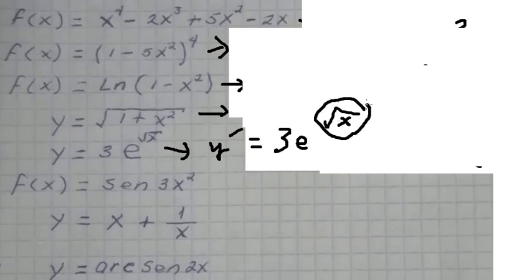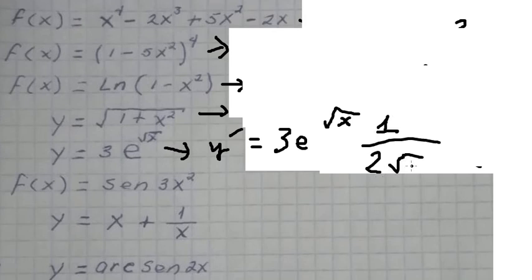So the answer for the question in here. If we continue to do the first derivative of the square root of s, you get 1 over 2 multiplied with the square root of s. And that is the answer for question number 5.